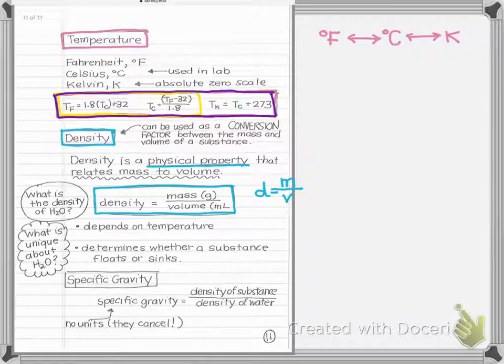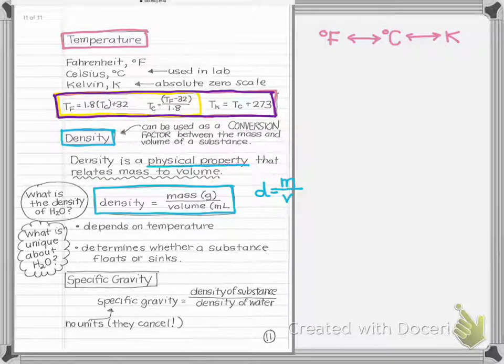And we'll do a lab where we take a sample, measure its mass and its volume, and then calculate its density. So we can measure density without changing the substance, which makes it a physical property.